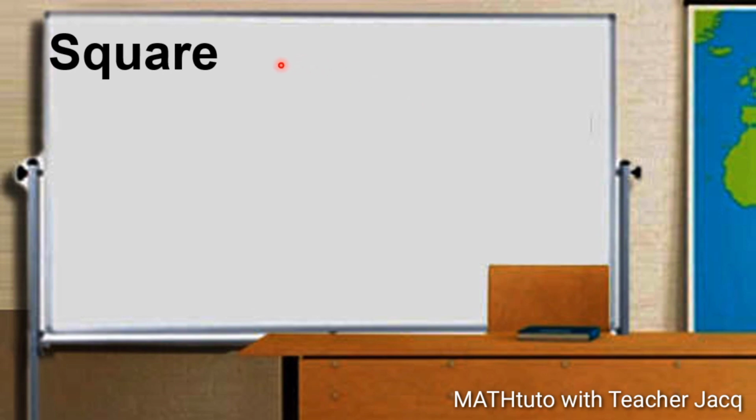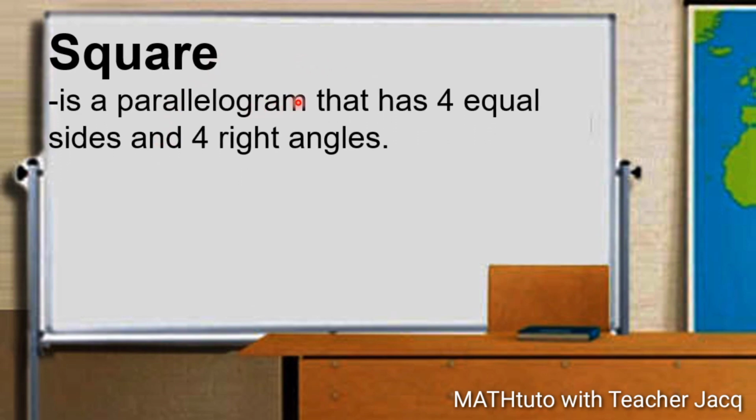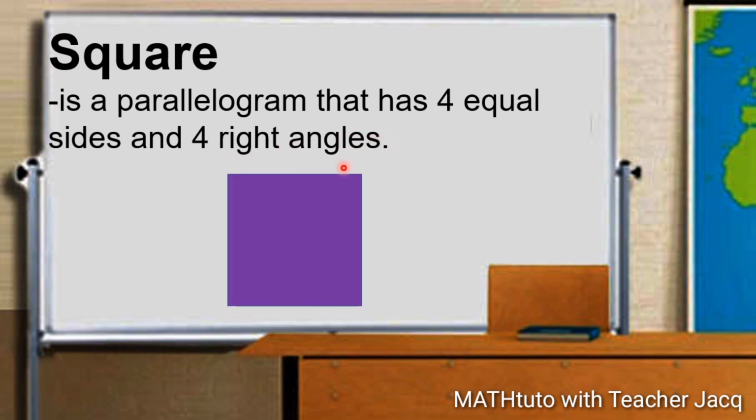Next, we have square. A square is a parallelogram that has 4 equal sides and 4 right angles. So, this is an image of square. So, yung 4 sides ng ating square ay equal in measurement. Halimbawa, ito ay 4 meters, ito ay 4 meters, this one is 4 meters, and the last one is 4 meters.